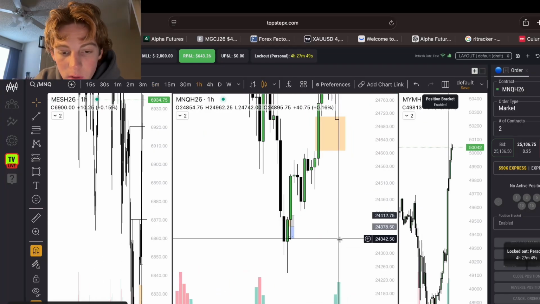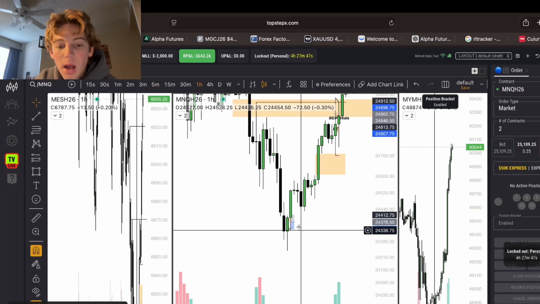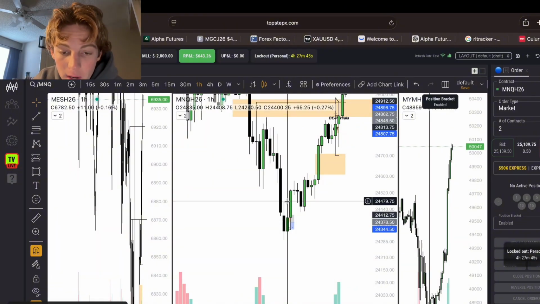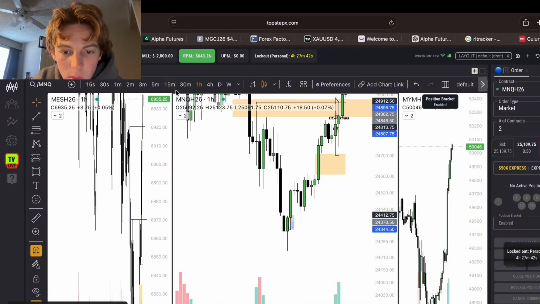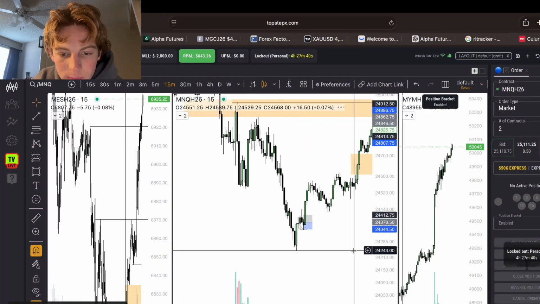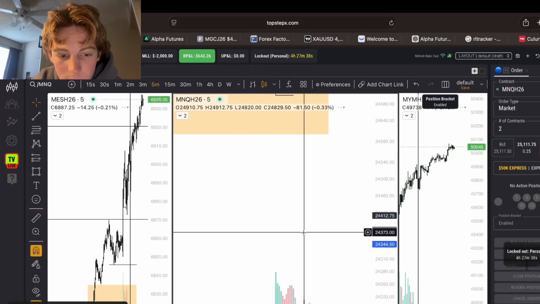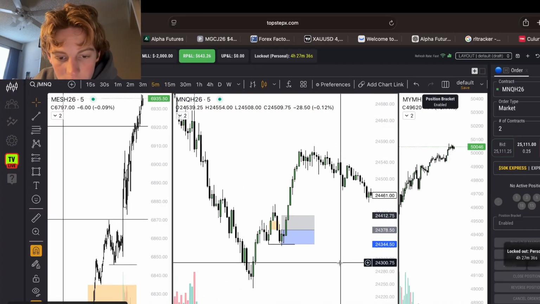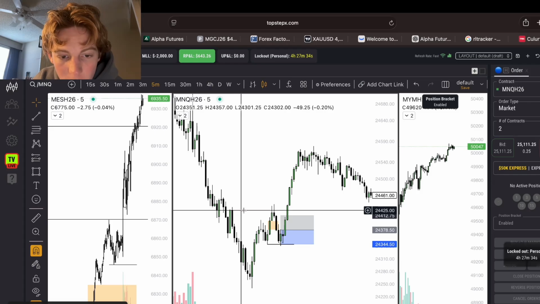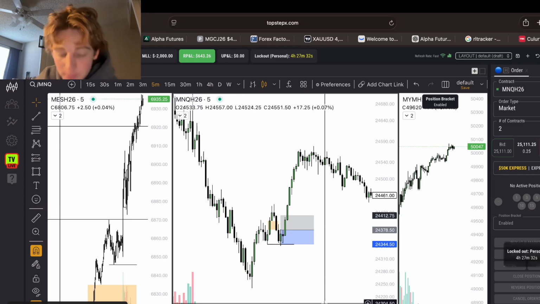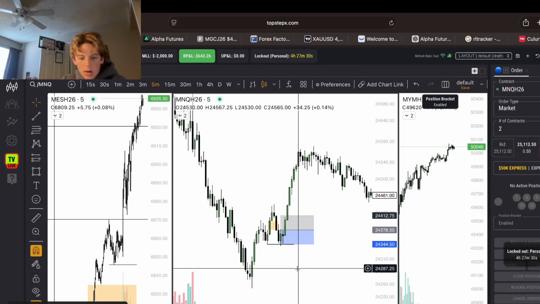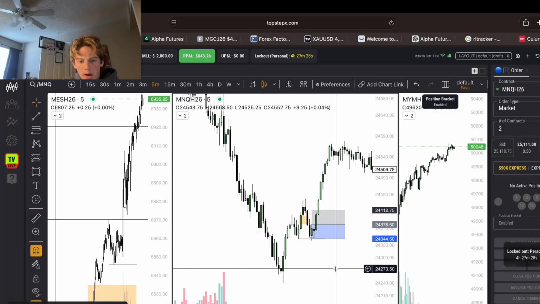So obviously, going back to this Asia, I originally wanted to see this hourly get mitigated, but hold up. So we swept out this internal high, and we also swept out this internal high that we just created.